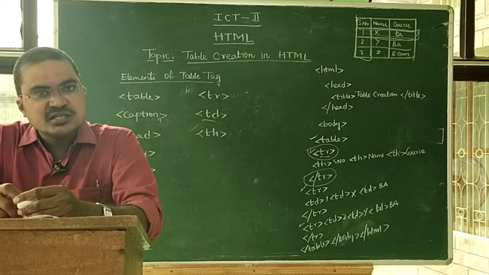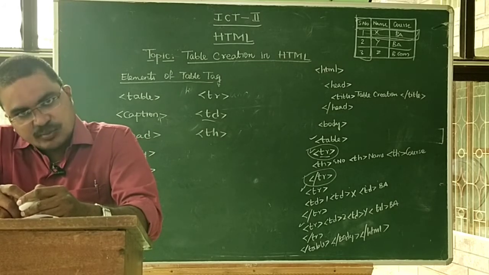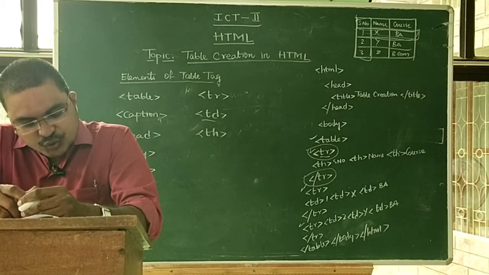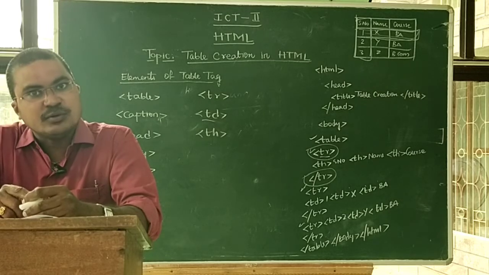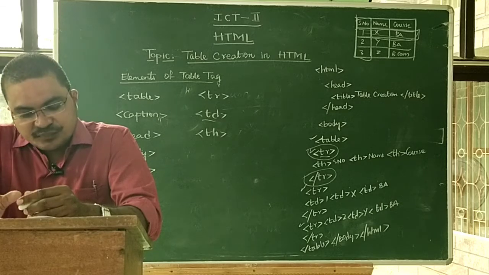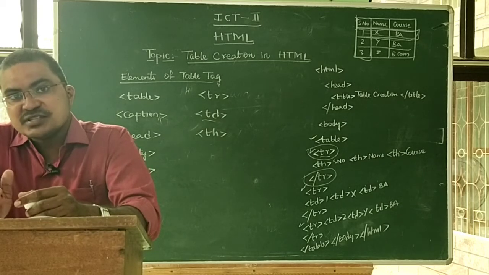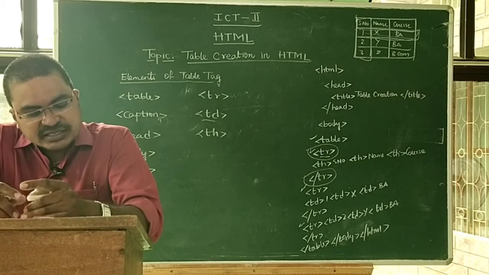The TH and TD, TH for table head and TD for table data elements, are used to define the cells in the selected row of the table, because the row contains different cells. So in the row where you have to enter the cell data, we use the TD.